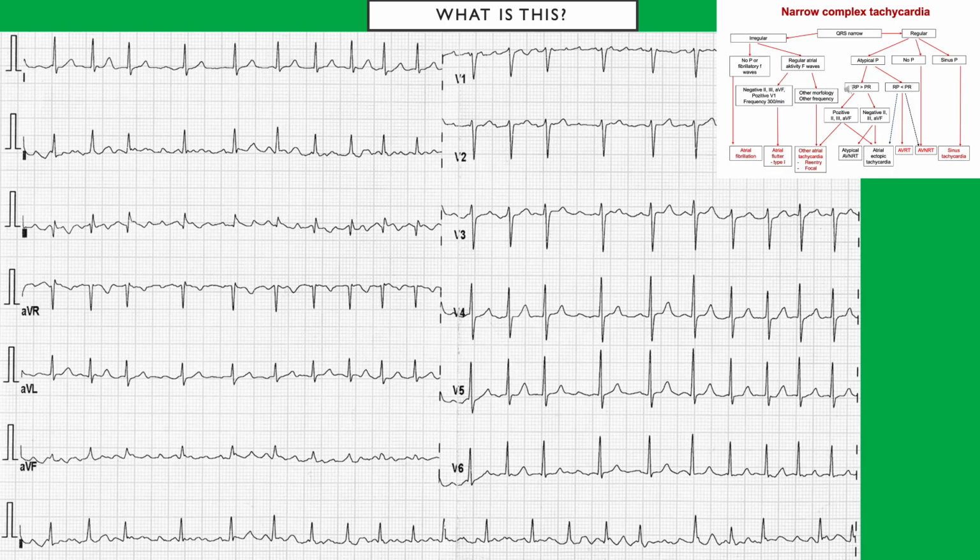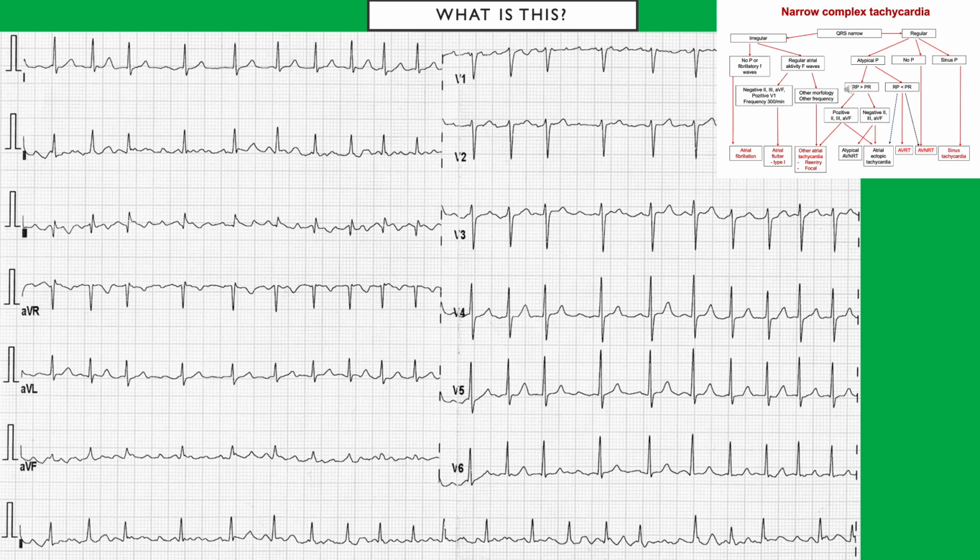What is this one? You can use the sheet I gave you to find the diagnosis. Is it regular or irregular? Irregular. Okay, and then what is the next question on the diagram? If no P or fibrillatory waves present, or regular atrial activity.